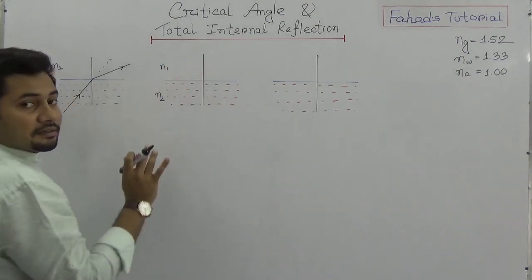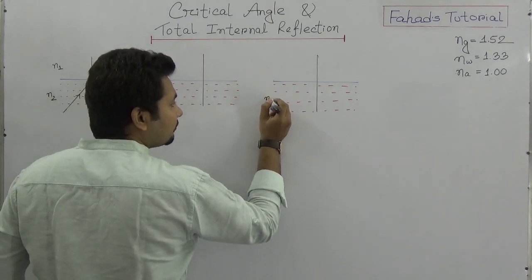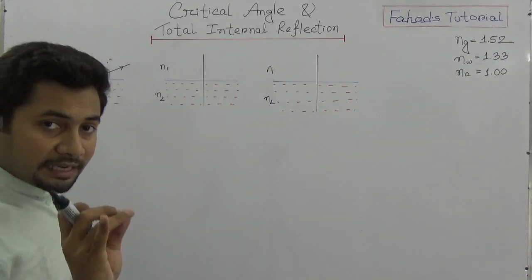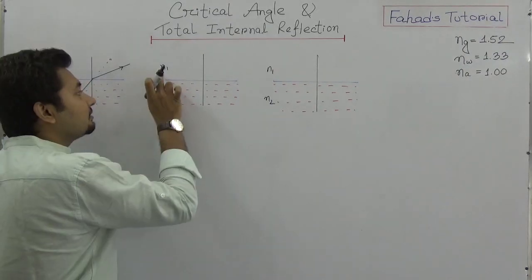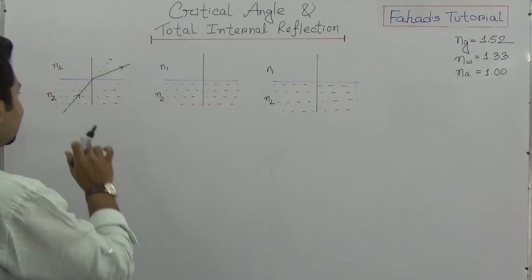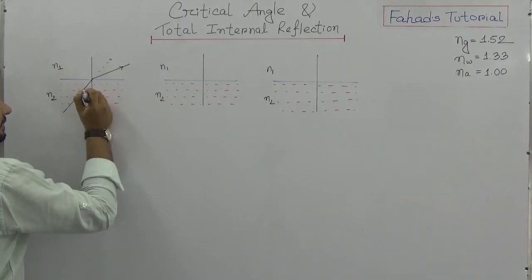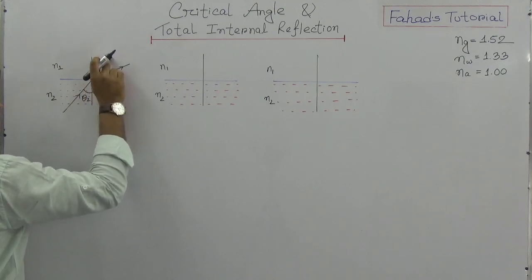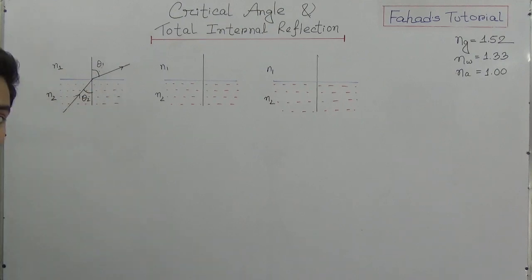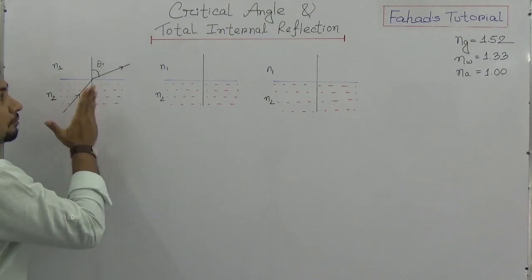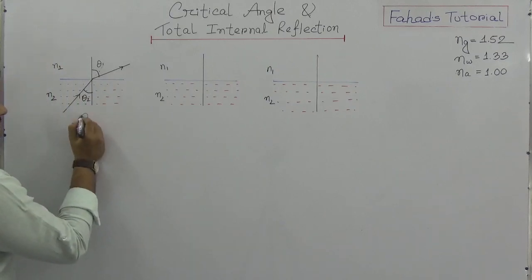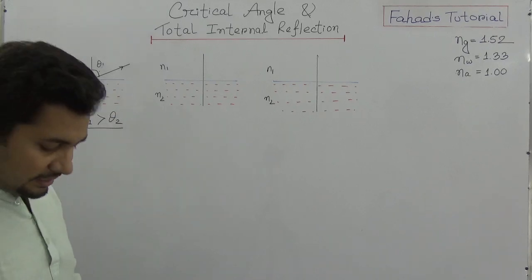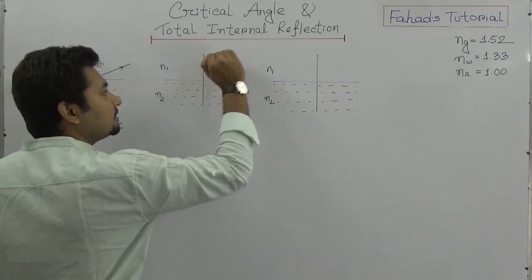In the case of air, N1, and in the case of water, N2, where N2 is the refractive index of water and N1 is the refractive index of air. Here theta 2 will form and here theta 1 will form. This theta 1 is greater than theta 2, because light is incident from denser to rarer.